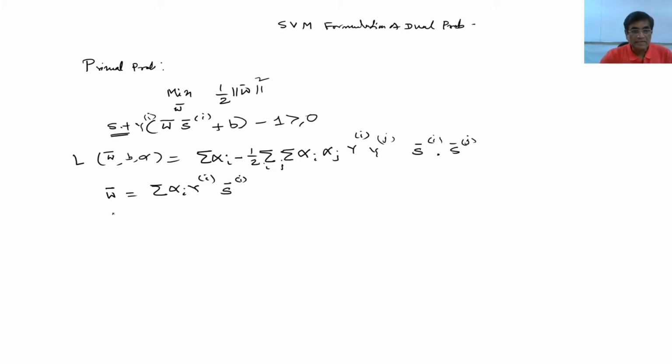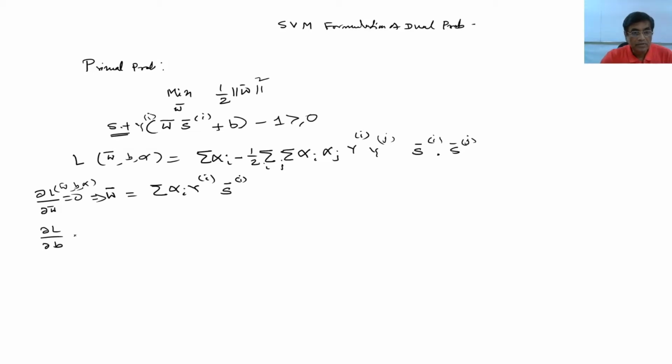So the primal problem has given this, and it has given another thing. If you recapitulate or see the videos again, you will see that when we set the derivative to 0, we got this, because this is a function of W, B, alpha.